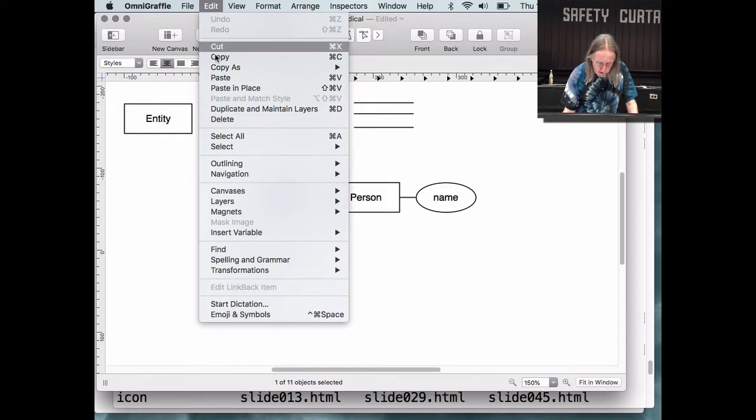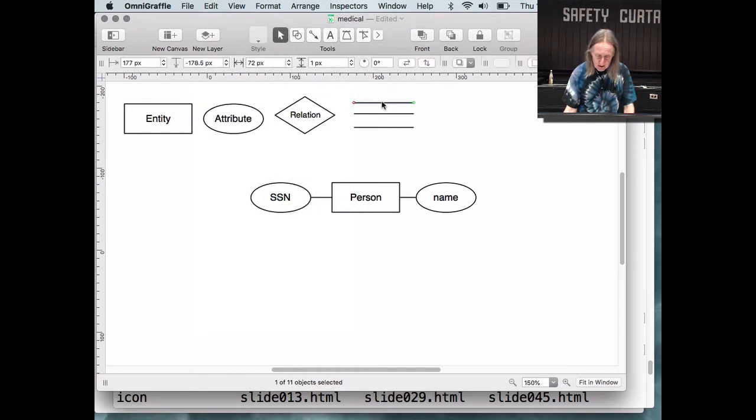Let's see, can I adjust it? I need to put an underline. I know what to do, get one of them. Voila. All right, so the person has a social security number which is unique and they have a name.